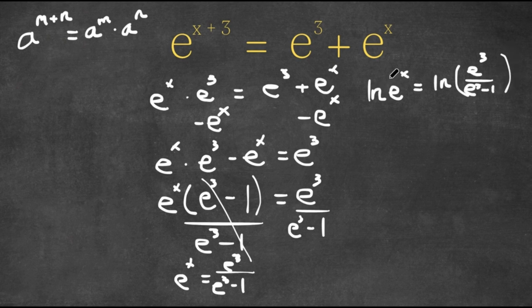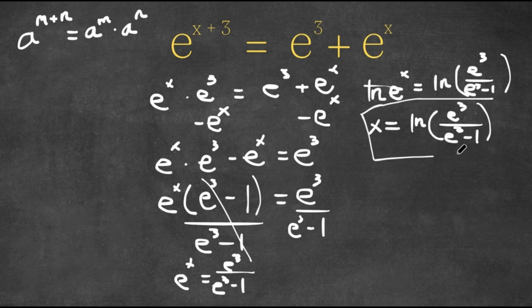And if we take the ln of e, these two would actually cancel out, and we would simply be left with our exponent, which in this case is x. So we would have x is equal to ln e to the power of 3 over e to the power of 3 minus 1. So this is our answer.